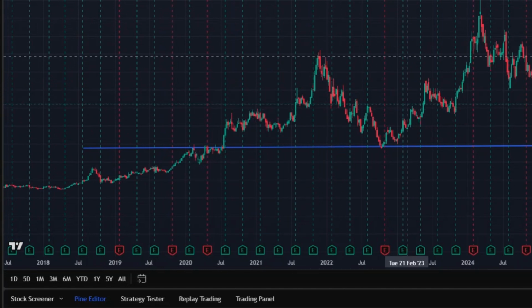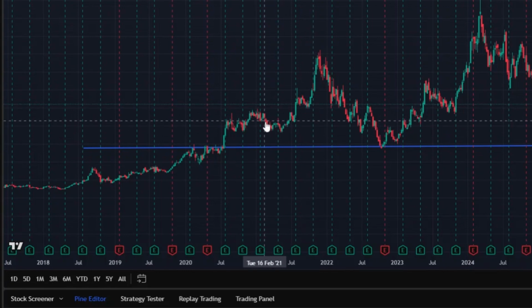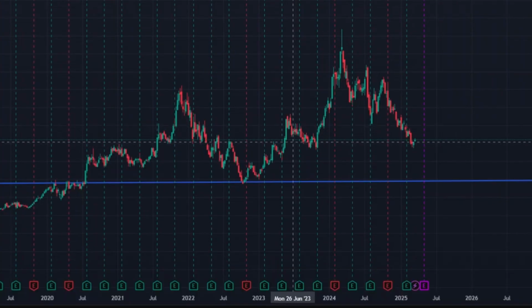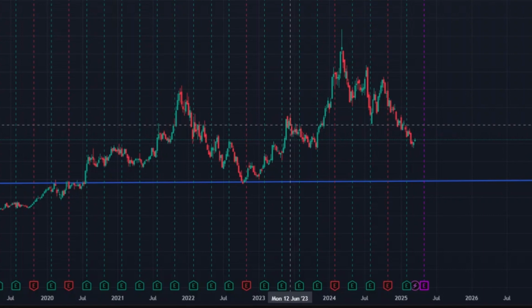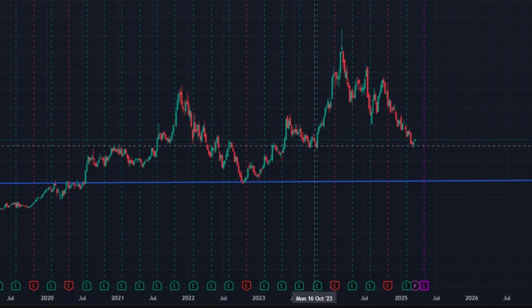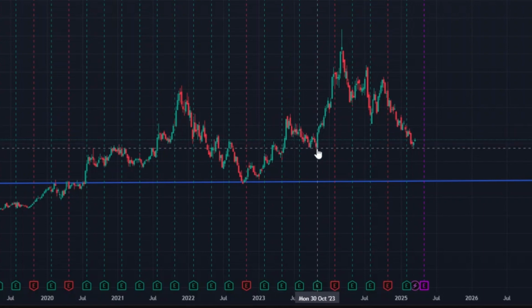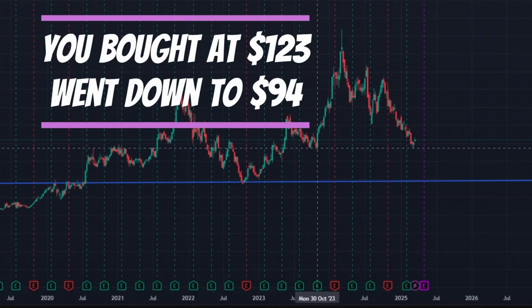I think he bought in around July of 2023, right here. And then it went down from 123 to about 94. So you probably lost a lot of your money.